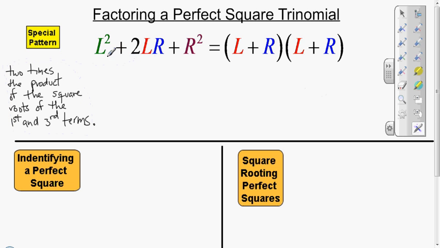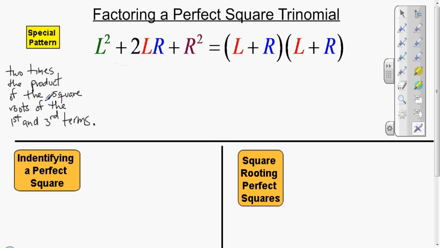Again, we see that the 2 times part is given by this 2. The product of the square roots is the L and the R, and the first and third terms this refers to: L is the square root of the first term and R is the square root of the third term. It's a bit of a mouthful, but if you practice saying it, it's going to make sense.